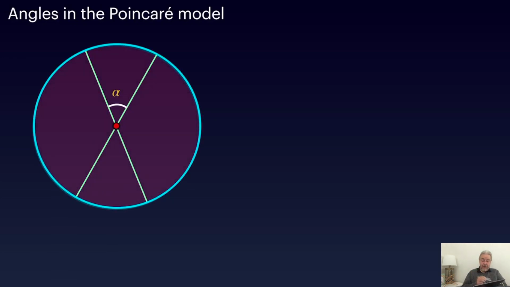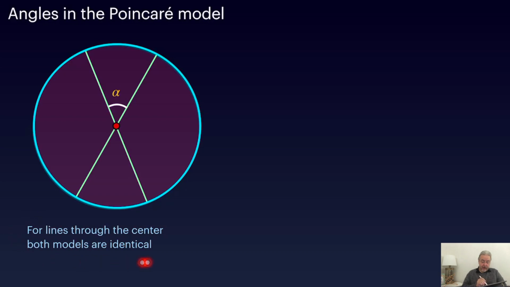So let's first focus on the situation where the two models agree. Assume you have two lines through the center of the hyperbolic disk, and you are interested in the angle between these two lines.